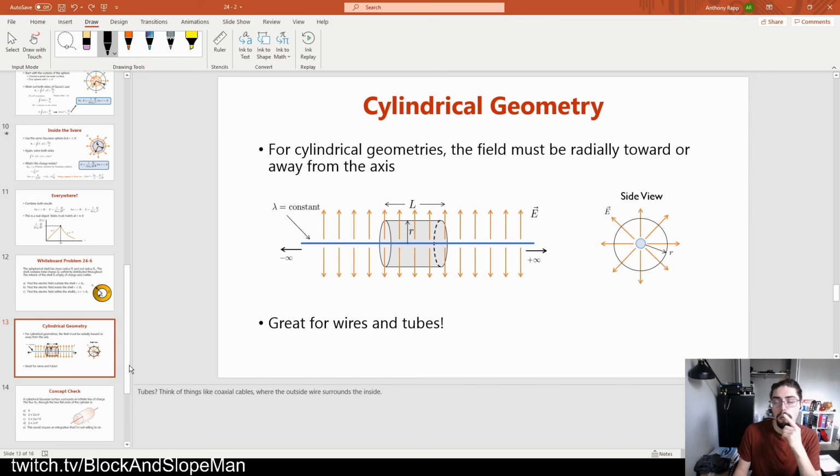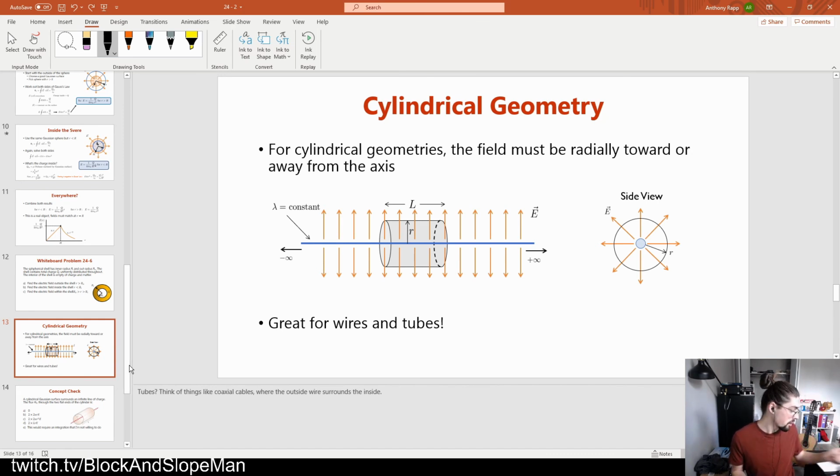And if I've drawn my cylinder properly, think about what that means about how much electric field is actually passing through those 2 end caps. Nothing. There's no field passing through the end caps. It is true that the area is pi r squared, but because there's no electric field that actually passes through that, there's no flux.